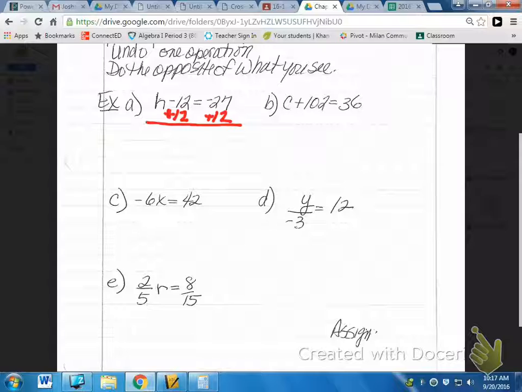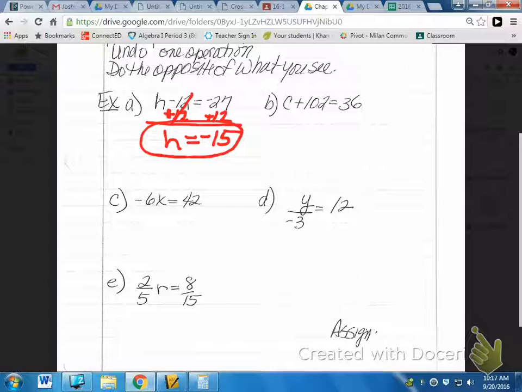That causes the minus 12 and plus 12 to cancel, and h would equal, and now we're combining integers. If you're in the hole 27 and you gain 12, you would be at negative 15. So my answer should include the variable, and it should say h equals negative 15. That's the work that I would want you to show.